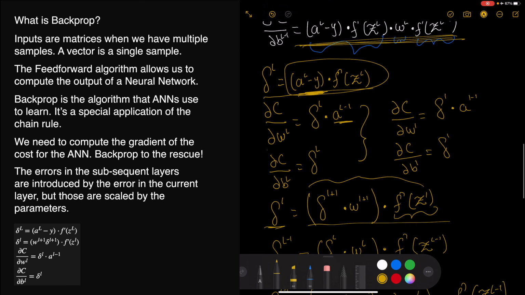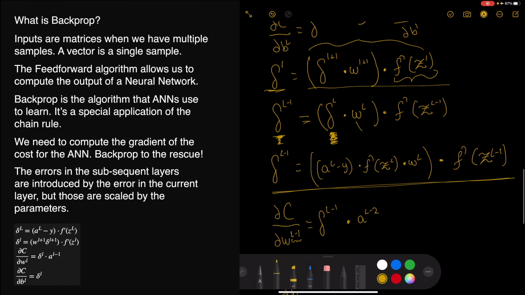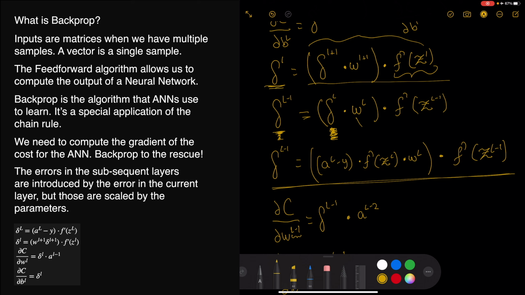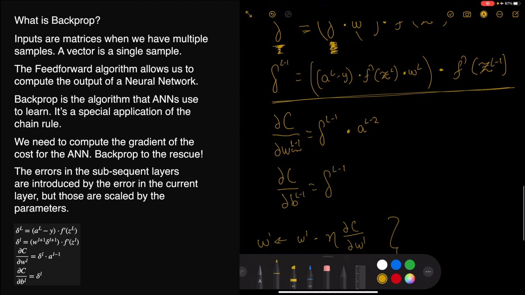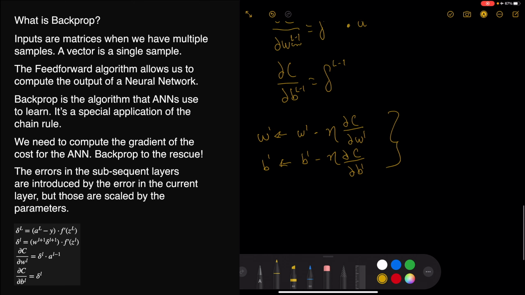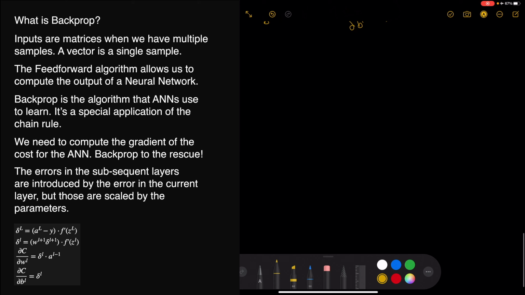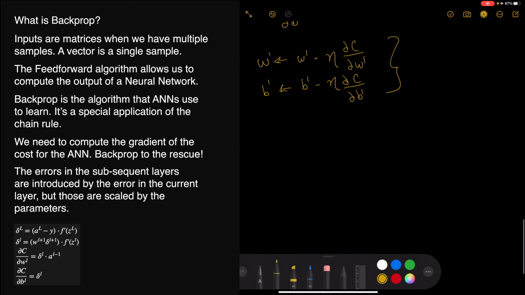All right, and take a look at something here. The error at any given layer depends on the error on the subsequent layer. So this could give you a hint on how best this is implemented in code. Now I'll make another video where we implement it from scratch using these equations here, and we can see whether this works or not.